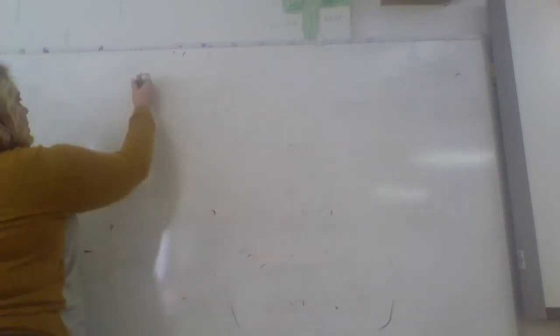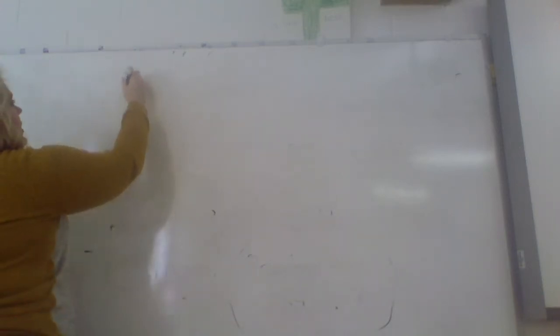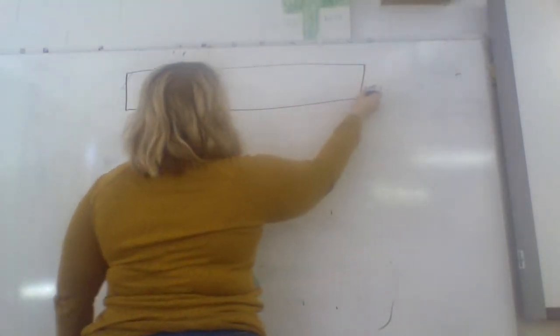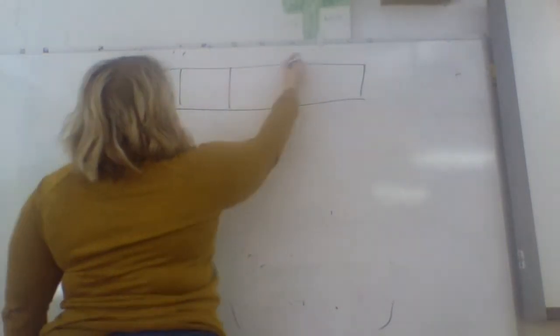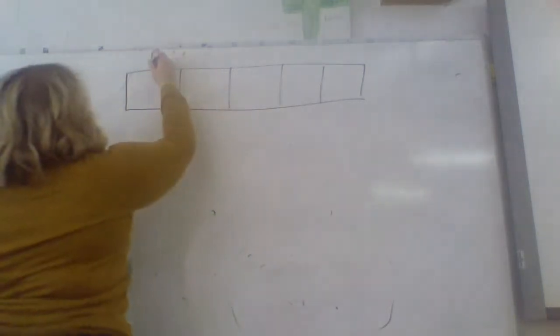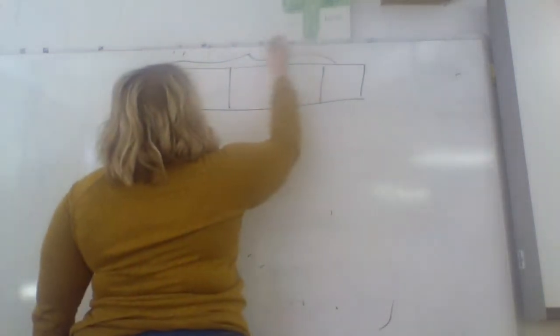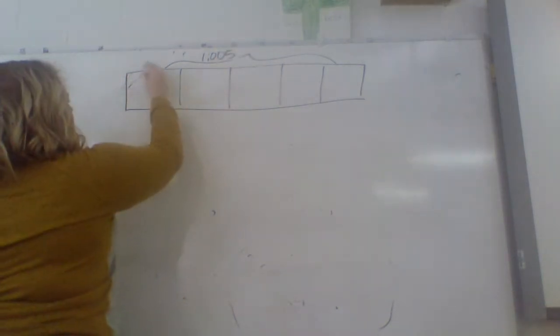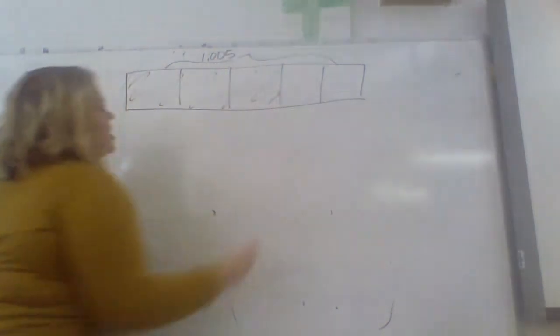So we know if we were to make the whole trip, this was her week, and it's broken into 5 days, the whole thing together is 1,005 miles. We want to know how much is shaded.